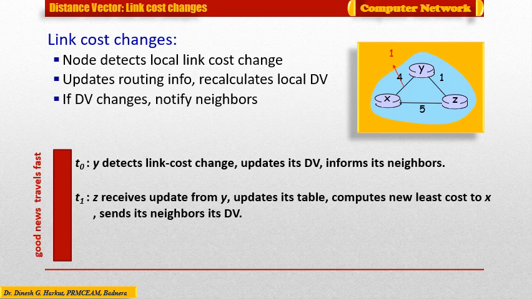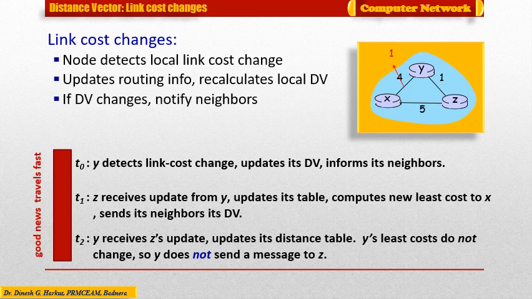At time t2, Y receives Z's update and updates its own distance table. Y's least cost does not change. Hence, Y does not send any message to Z. Hence, the algorithm comes to a wait state.